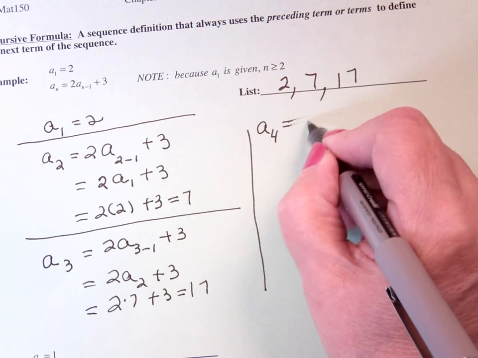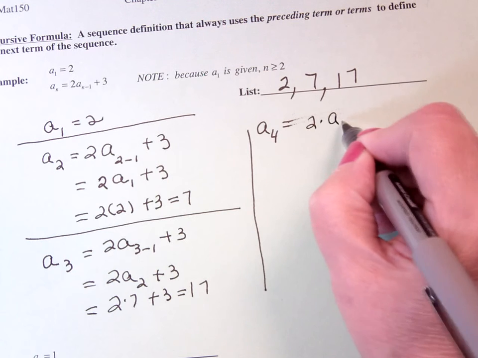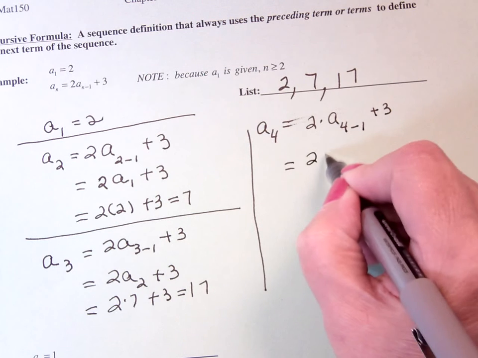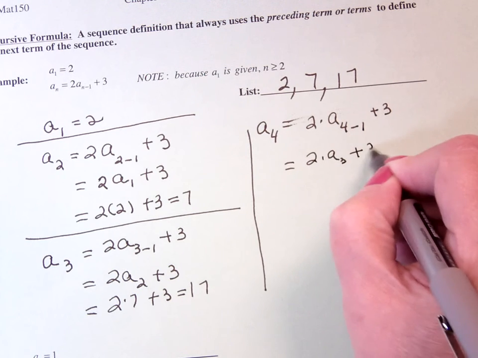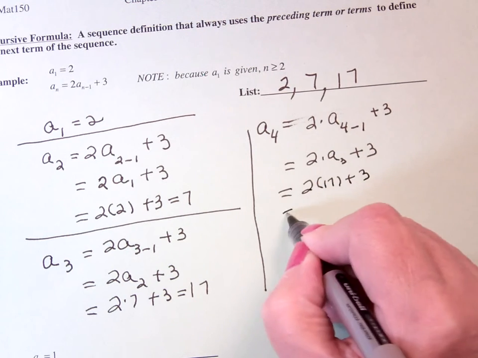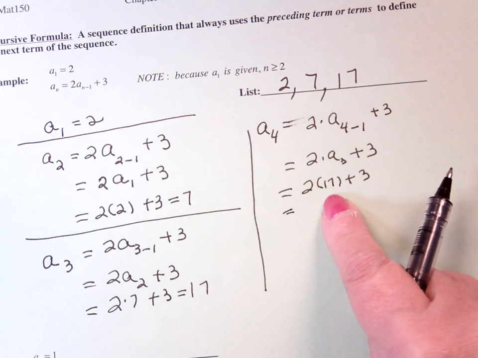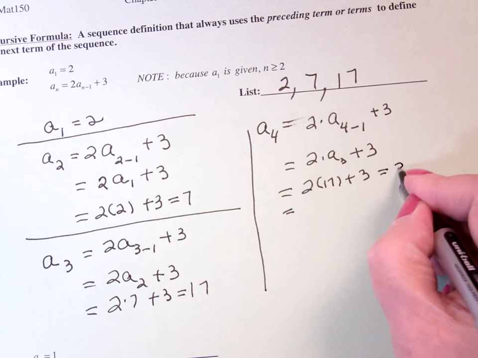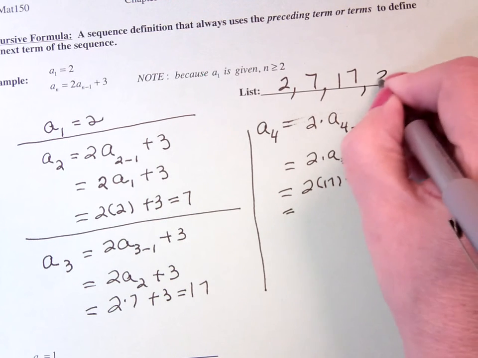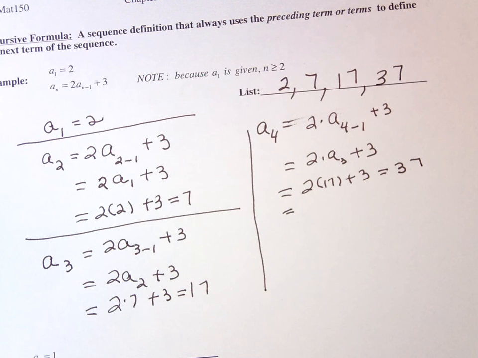A sub 4 is 2 times A sub 4 minus 1, plus 3, which is 2 times A sub 3 plus 3, which is 2 times 17 plus 3, which is 34 plus 3 is 37. Nope. Didn't work. Oh, well.